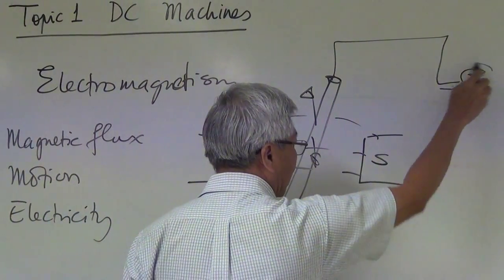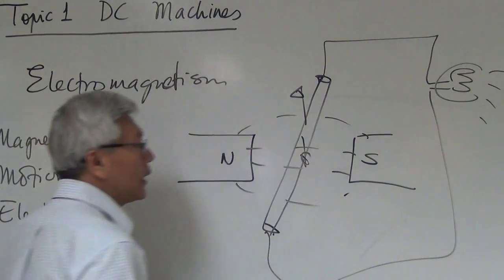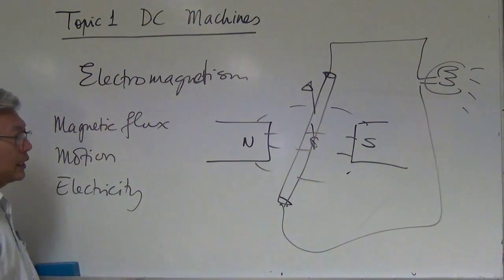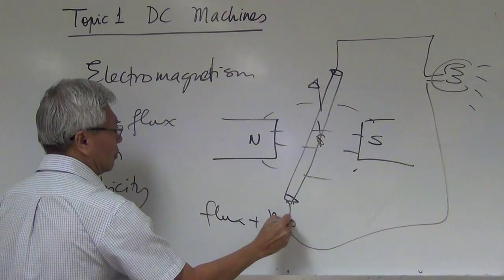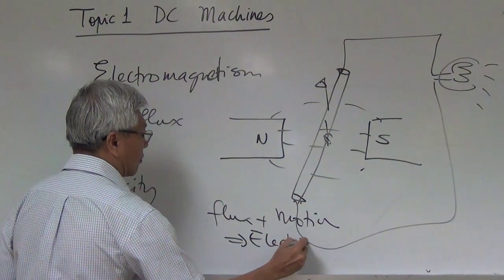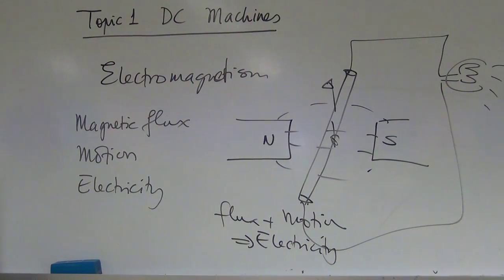If you put a bulb across it, the bulb will light up. That is the working principle of generator: magnetic flux reacts with motion to give you electricity.